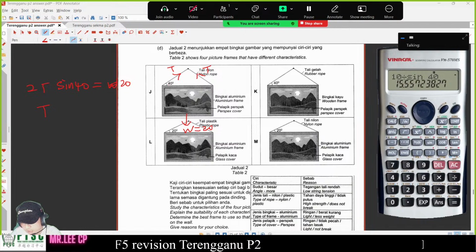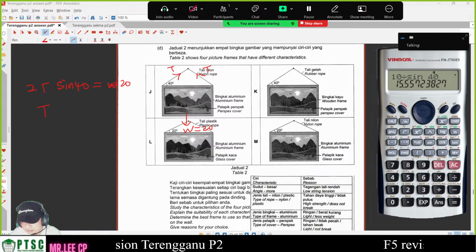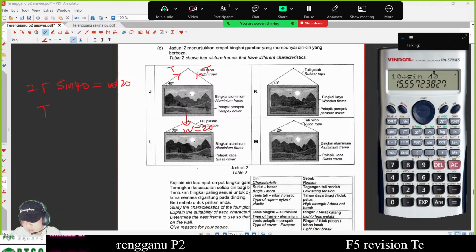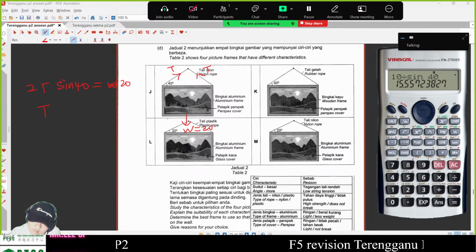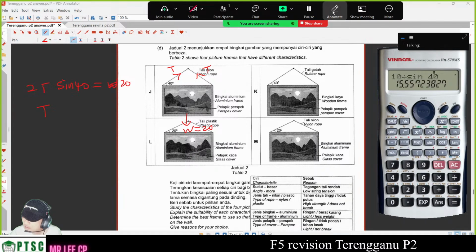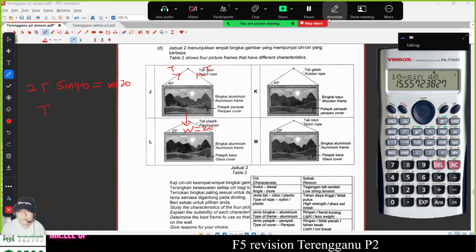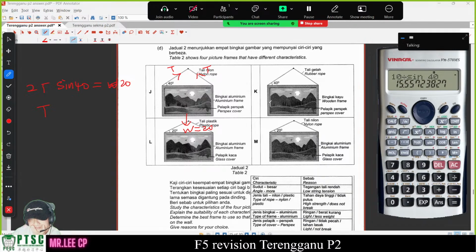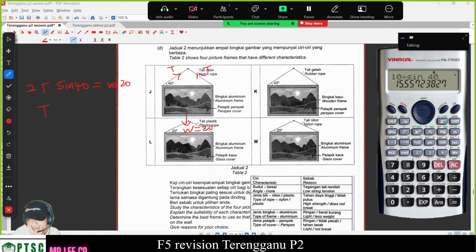20, 40, sine 40, sine 20. Let me think. Angle bigger.